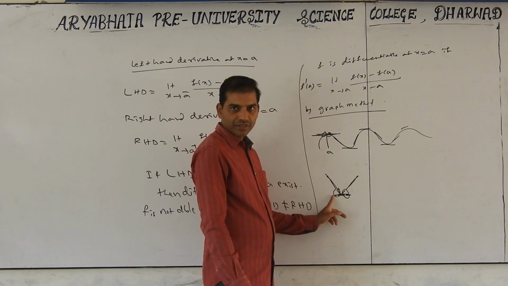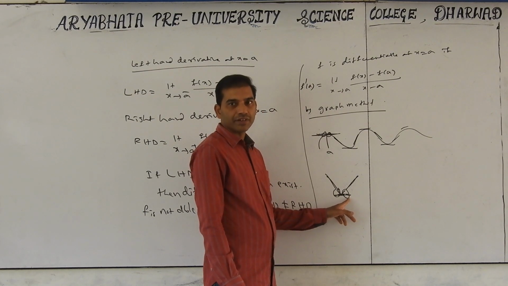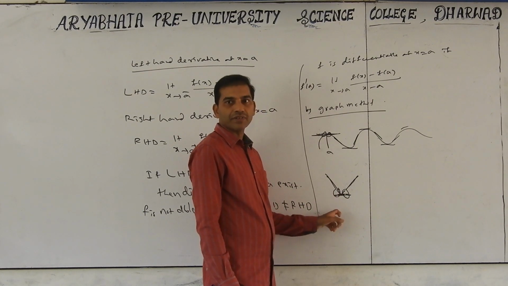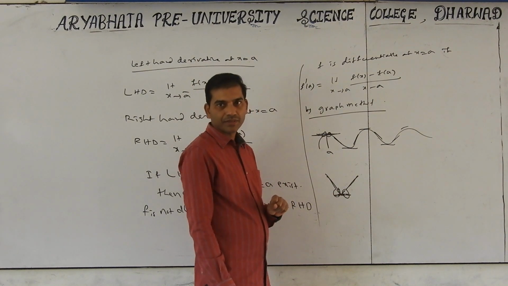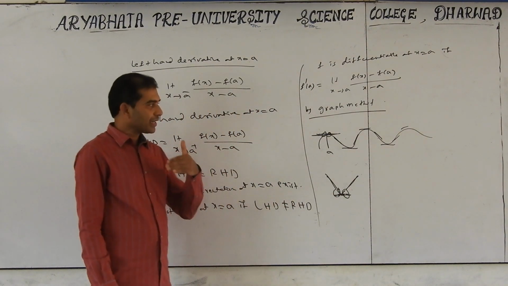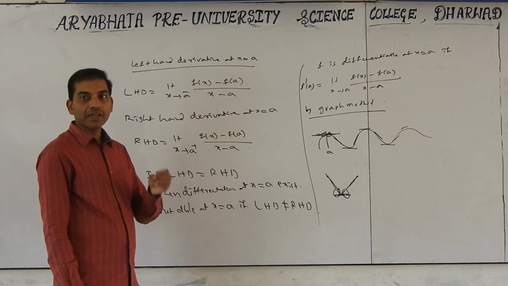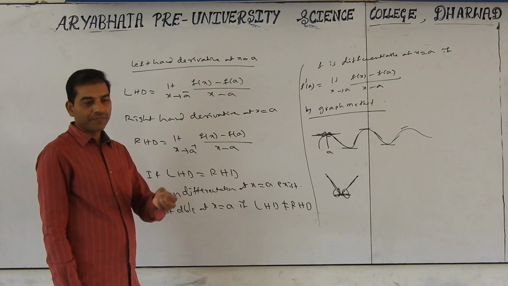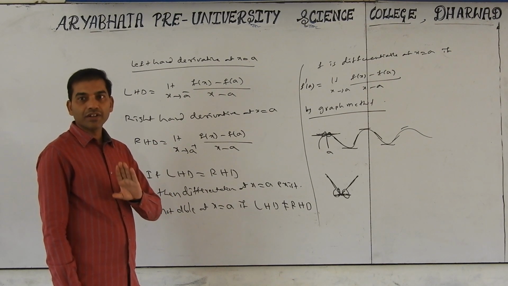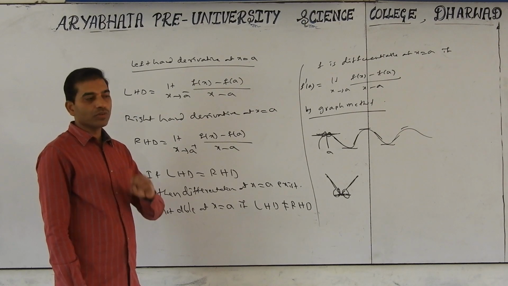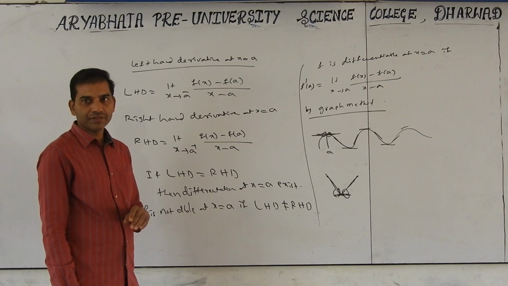Different answers mean the left derivative is not equal to the right derivative, so f is not differentiable at a sharp edge. By the graph method, we identify whether f is differentiable by looking for a sharp edge. If there is no sharp edge in the graph, then f is differentiable everywhere.